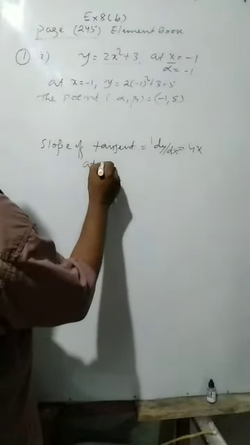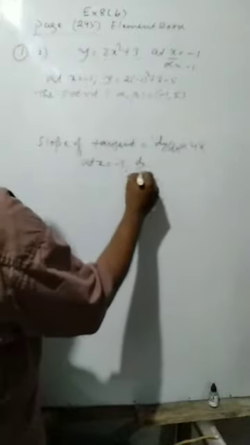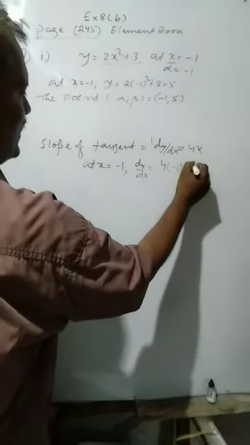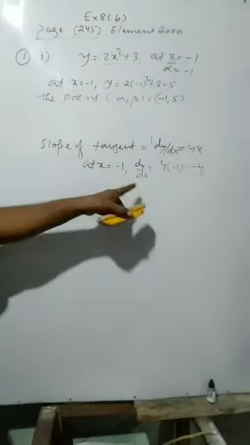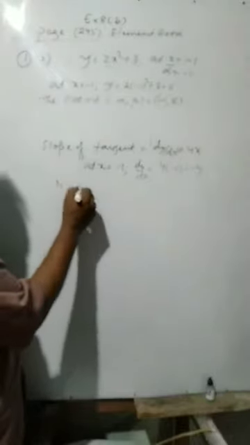At x equal to -1, put it here, then dy by dx equal to 4 into -1 equal to -4. This is dy by dx. Then the slope of the tangent.